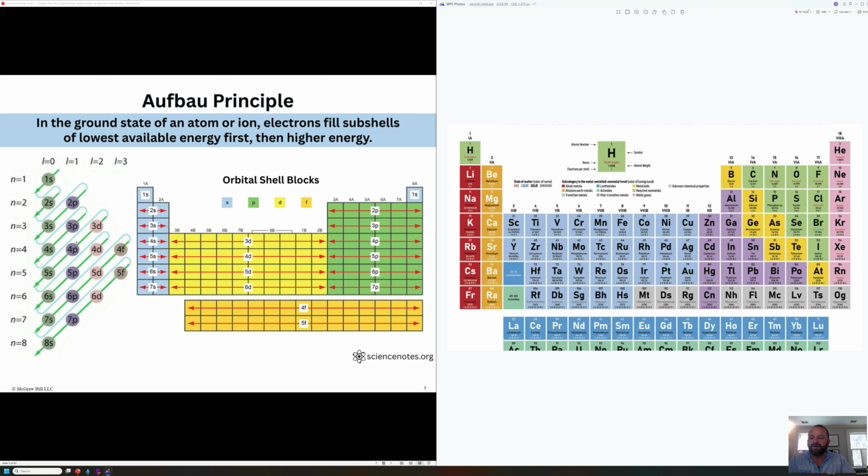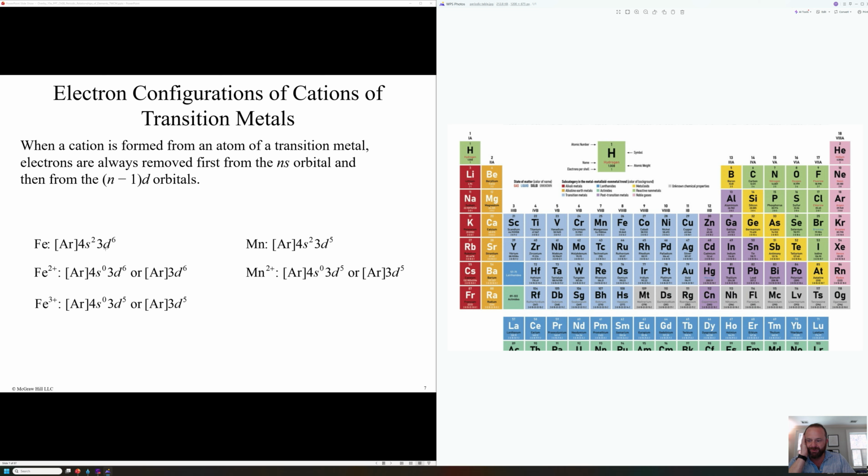Let's go back here. So 4s2 3d6. Iron doesn't just typically lose 1, it loses 2 or 3. If it loses 2, it's going to lose them from the s orbital here, and then what remains is the 3d6.